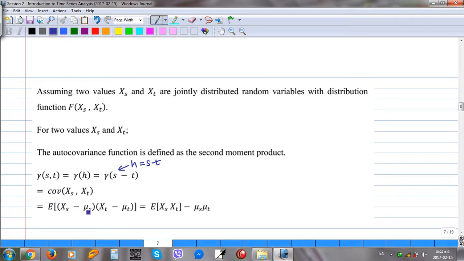By simplifying this you can get this other equation also. You need to remember this one, and also this one or this one, to solve these problems. So keep these things in your mind.